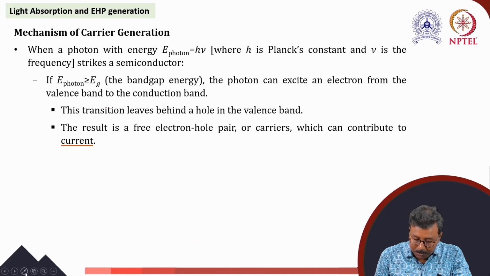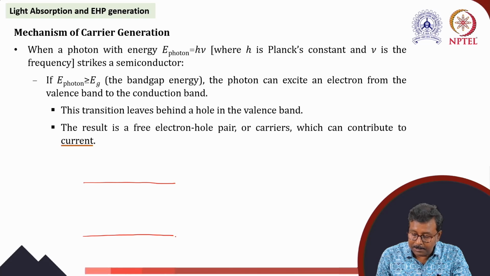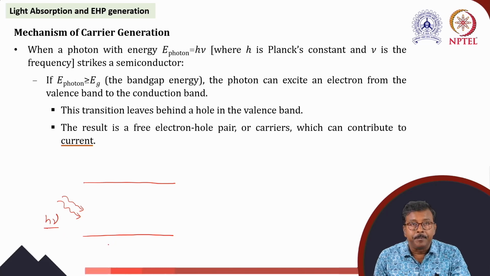Suppose we have a semiconductor, and if we draw the band diagram, this is the conduction band minima, and this is the valence band maxima. When light is incident, h nu energy per photon is coming, and this energy may be transferred to an electron in the valence band.